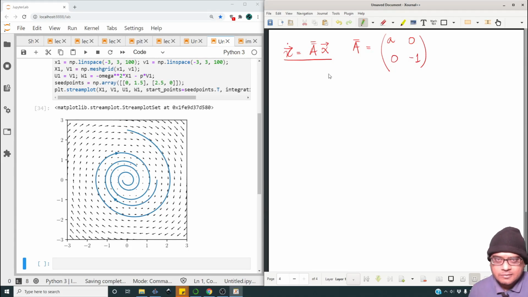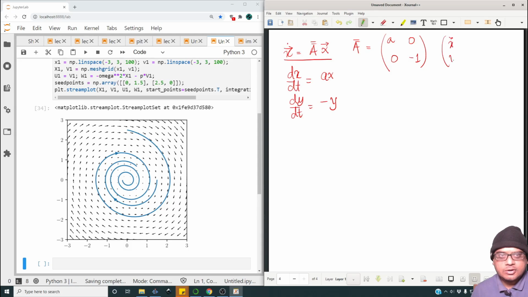So when we have this, we can write dx dt is equal to ax and dy dt is equal to minus y. This is because x dot y dot will be equal to a 0 0 minus 1 x y. So once you do the multiplication, you will obtain this.